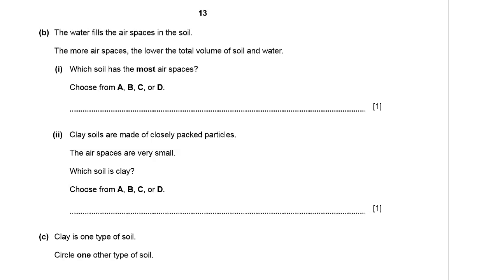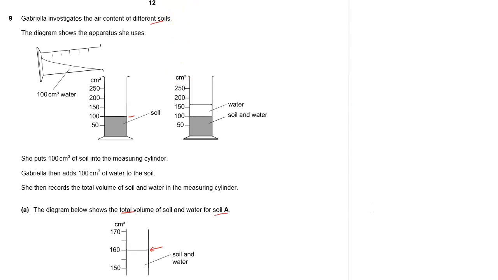B, the water fills the air spaces in the soil. The more air space, the lower the total volume of soil and water. Which soil has the most air spaces? Choose A, B, C, or D. Let's go back here.